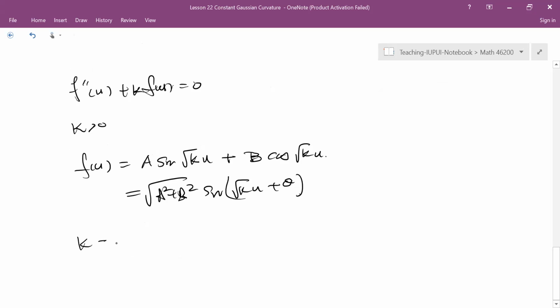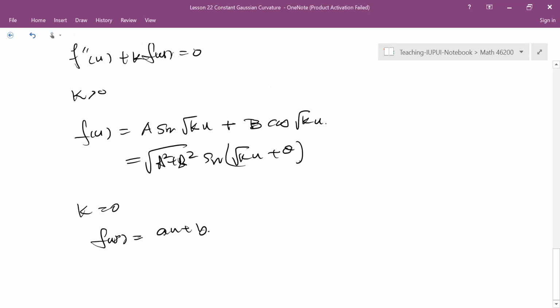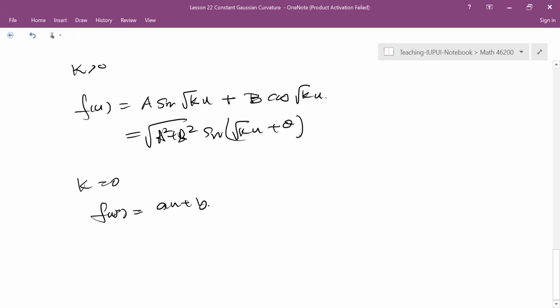When k equals 0, f of u equals au plus b. When you differentiate twice, it's going to be 0, so the second derivative is 0, then it must be a linear form. That's a trivial case.